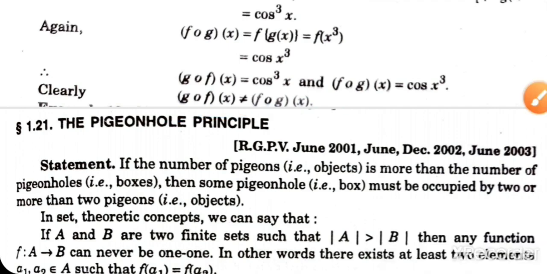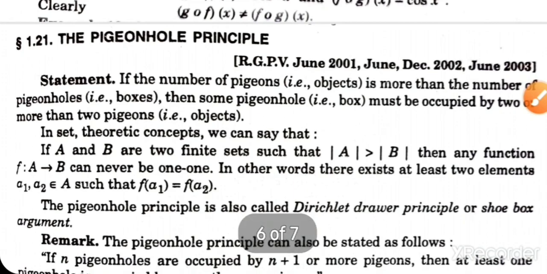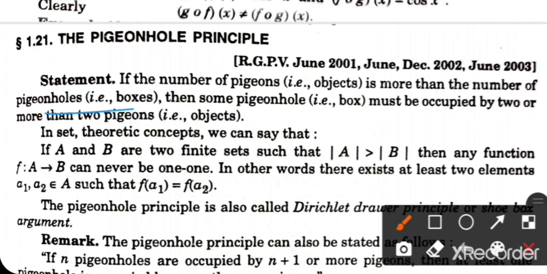Pigeonhole principle. This is also called the shoebox principle or Dirichlet drawer principle. If more than two objects are contained in one container, that is called a pigeonhole. If the number of pigeons is more than the number of pigeonholes, then one pigeonhole must be occupied by two or more pigeons.